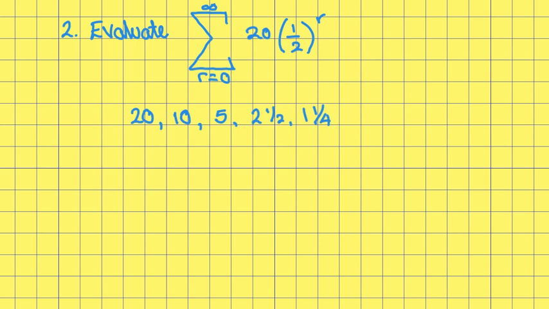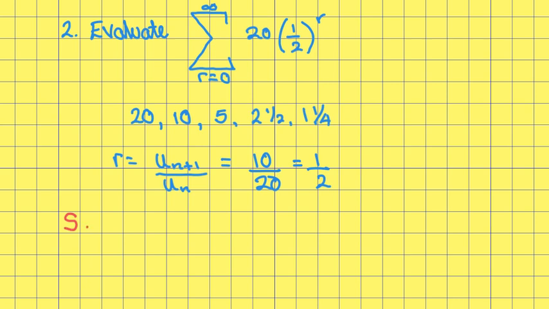Now we need to find r, so r is equal to u(n+1) divided by u(n). We can take any 2 terms, so we'll take 10 divided by 20, which is a half. So r is equal to a half. Now we can use the sum to infinity formula given in the formula booklet.